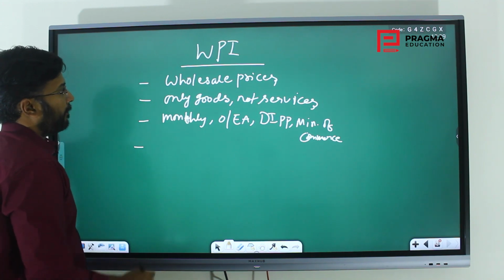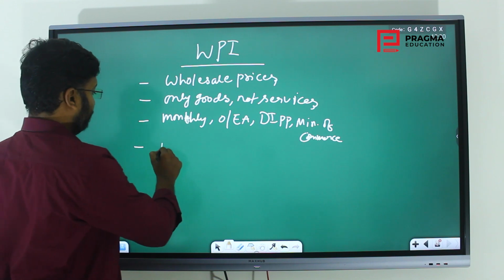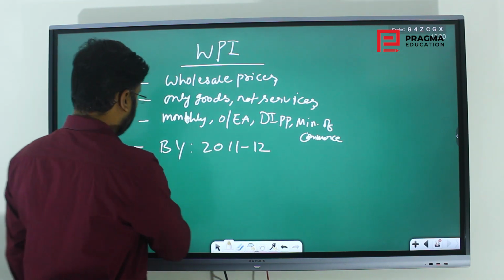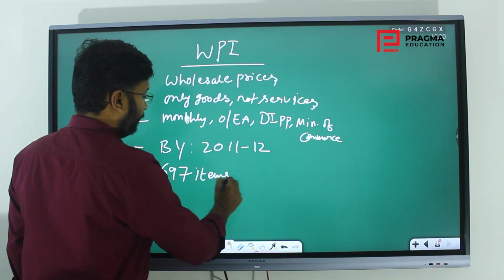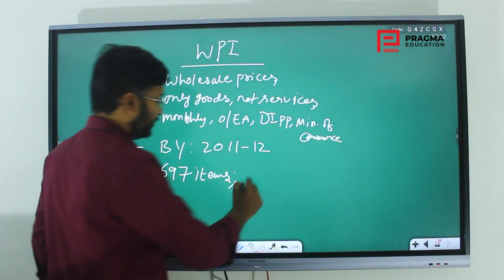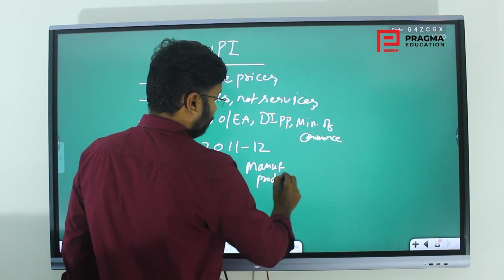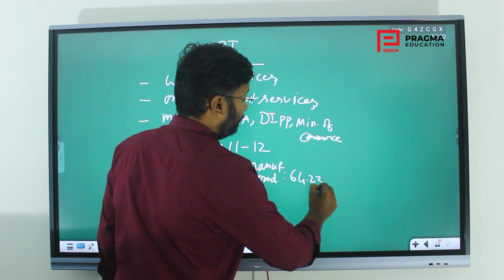Next point is base year. Current base year is 2011-12, and number of items currently is 697 items. And the share of weightage of manufactured products is 64.23%.